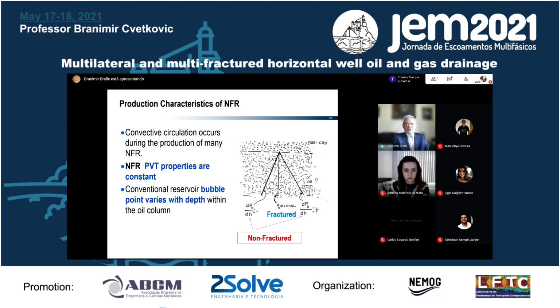And then also a production characteristic of NFR. When we talk about PVT, NFR PVT properties are constant. So this is a fractured reservoir. They do not vary with depth, as they do in a non-fractured reservoir.